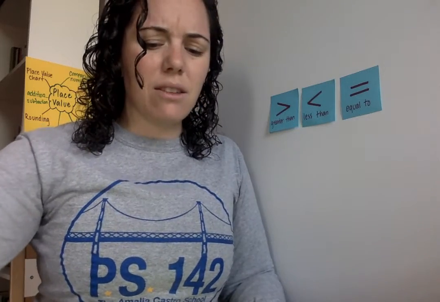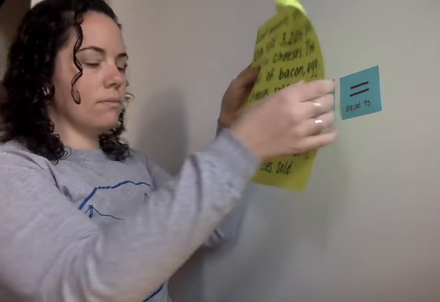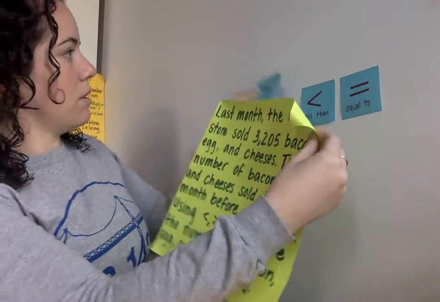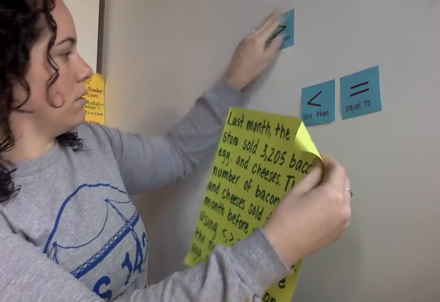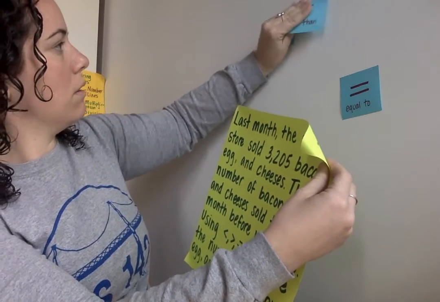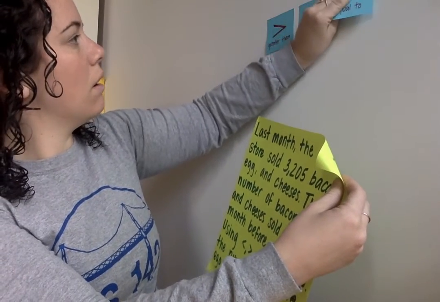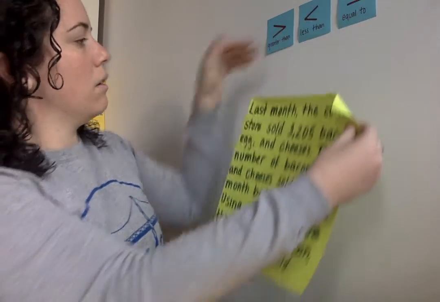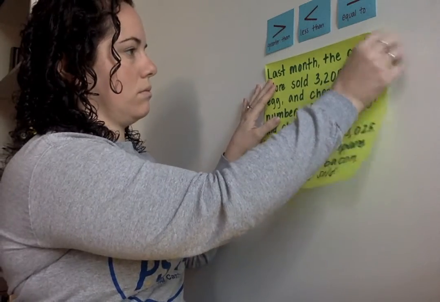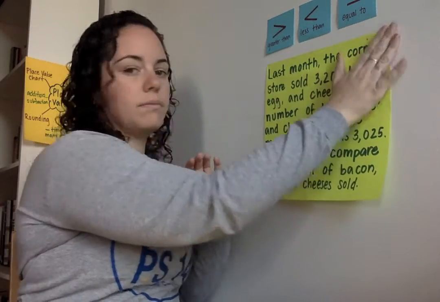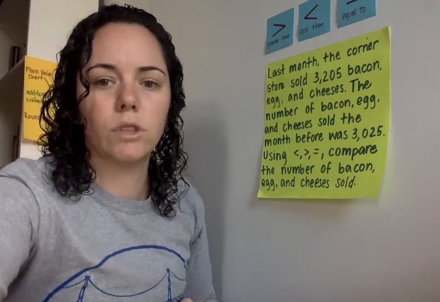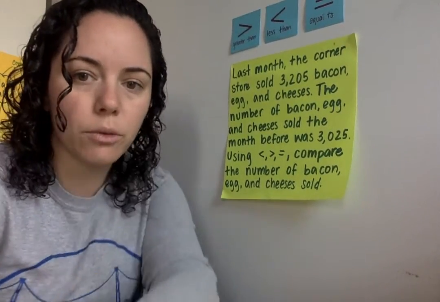So it seems like the corner store sold a lot of bacon, egg, and cheeses. Move this up a little. A little better, fourth graders.